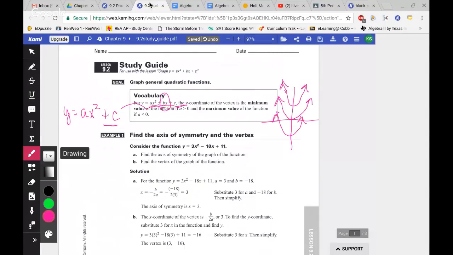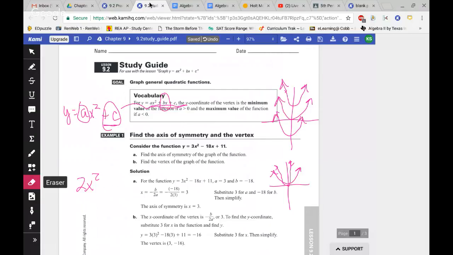So this c is what had us go up and down on the axis. And the a made our parabola different from the parent. If the parent looked like that, if it was 2x squared, then it would be skinnier. It would rise quicker. That's kind of what we talked about on Monday, just to give you a review of that.